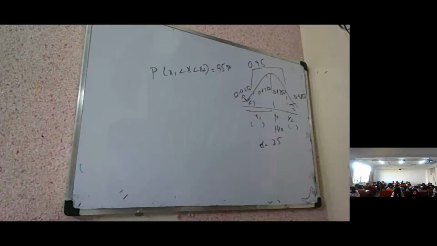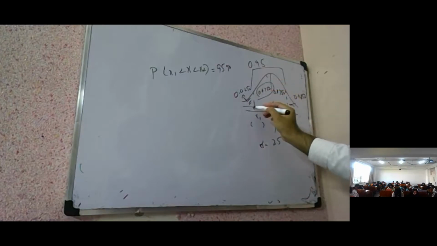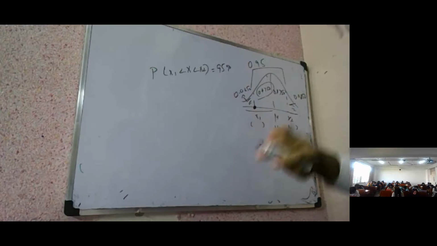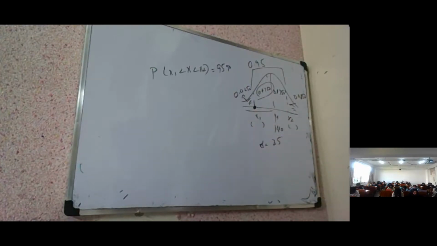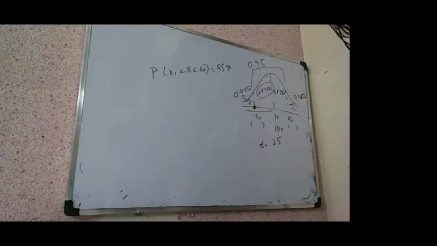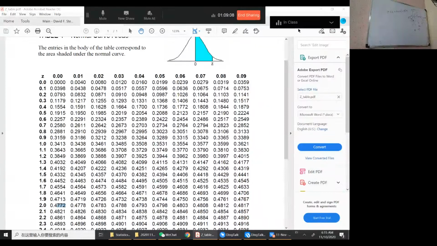Now, we have to check this 0.4750. So now you have to check this value in reversal order in a table, in a Z table. So let me share the slides with you. If I share the table, you now have to see that these are the probabilities given.